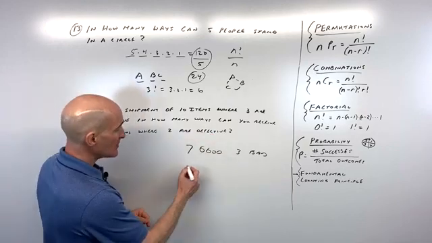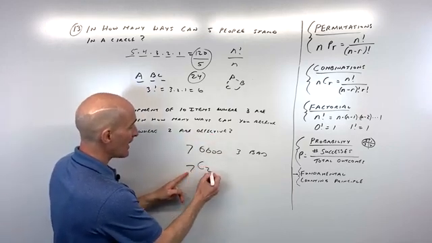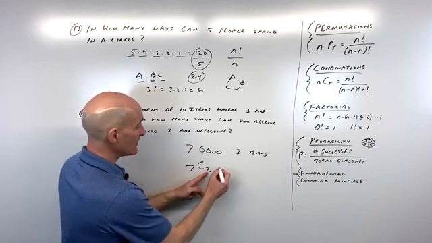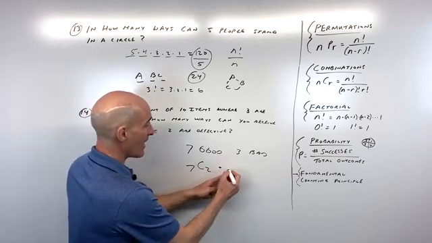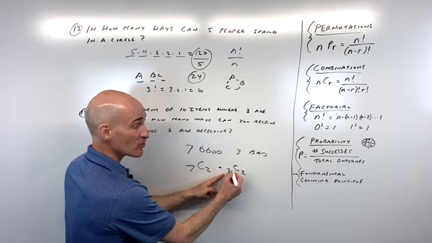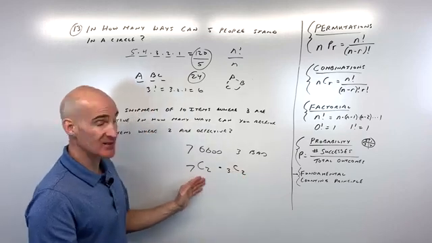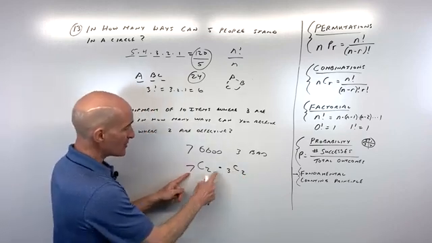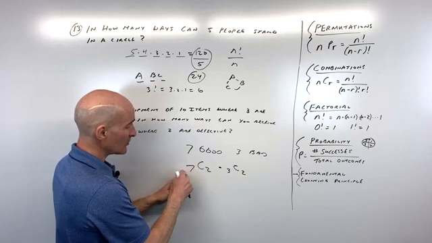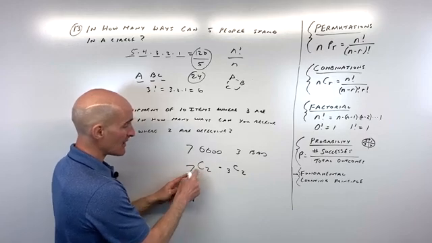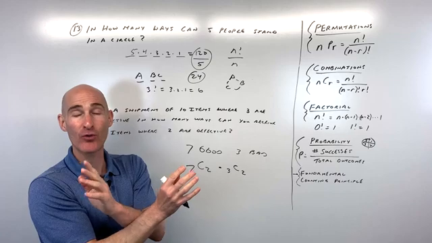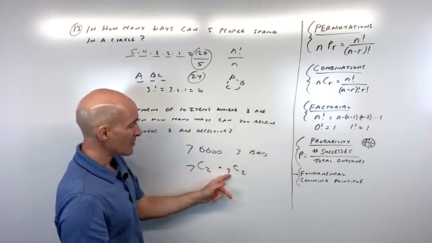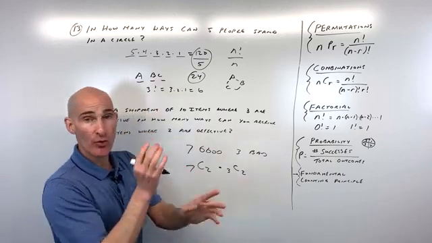So the way this would happen is, out of the 7 good, how many ways are there to choose 2, times, out of the 3 bad, how many ways are there to choose 2 of those 3 bad ones? And then you're going to multiply these together. Again, remember that first number is how many are in that group. 7 good: how many ways are there to choose 2 out of 7 where the order doesn't matter? And out of the 3 bad ones, how many ways are there to choose 2 where the order is not important?